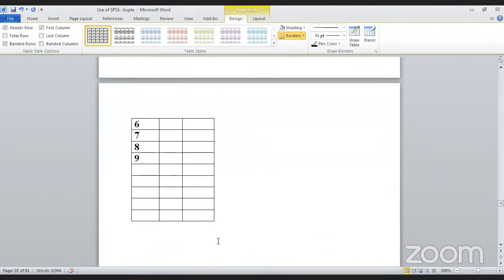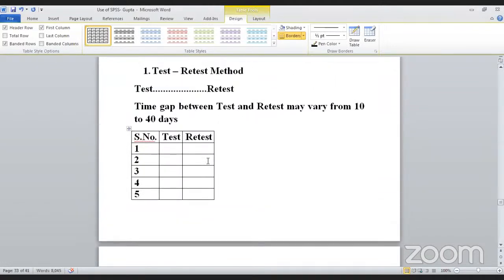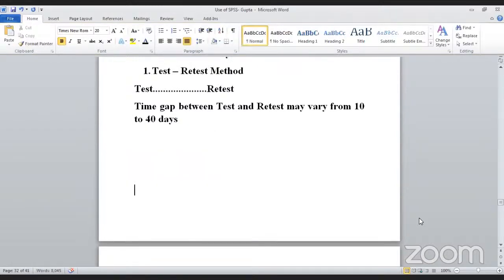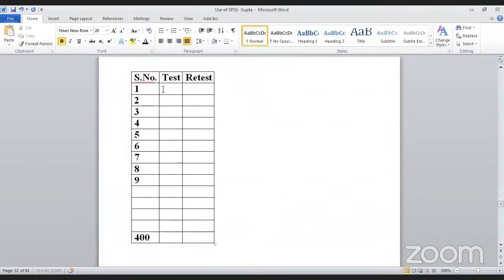And let's say this is your 400. Now you have administered it on a group of 400. So you have got their score here.